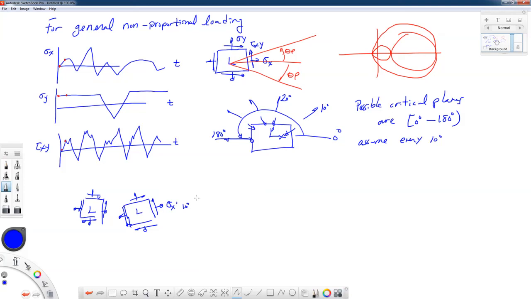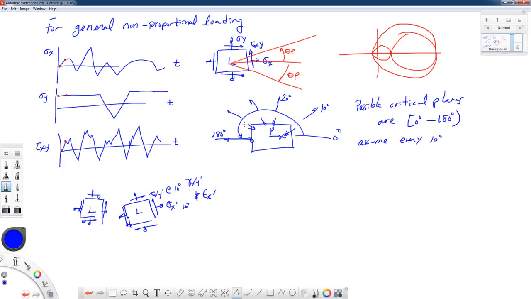So not only do we want sigma x prime, we also want epsilon x prime, and we might have a damage parameter that depends on normal stresses and shearing stresses, kind of like a Findley parameter. So we might also have to find tau x prime y prime and gamma x prime y prime at each of these angles in between 0 and 180 degrees.